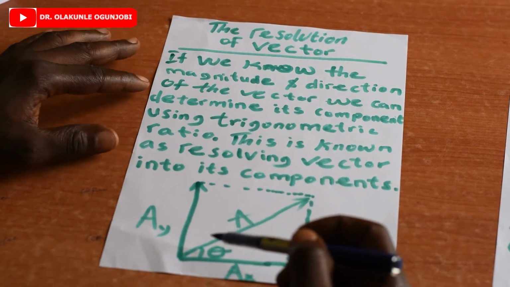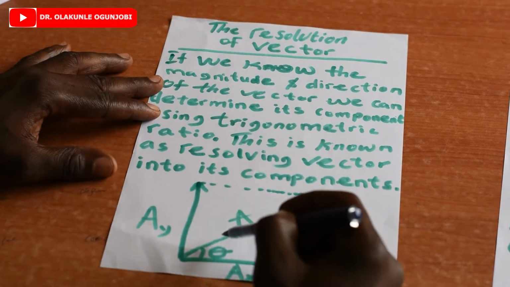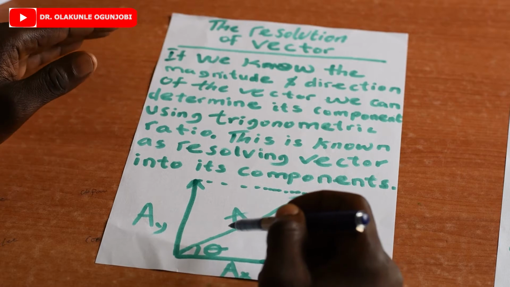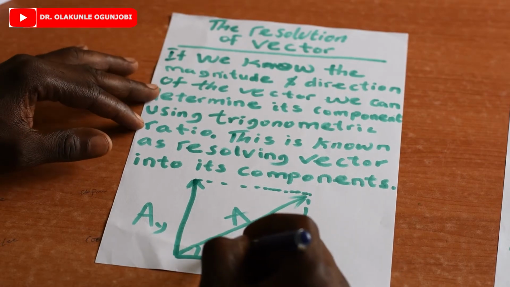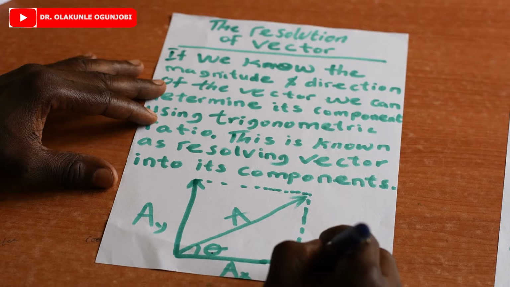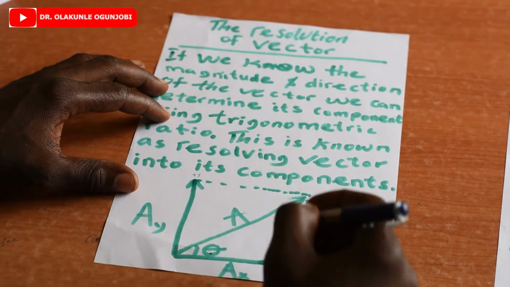In this figure, the magnitude of A is known, and the direction is theta from the positive x-axis direction.